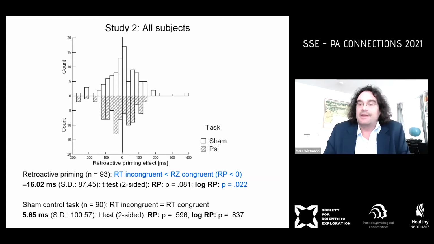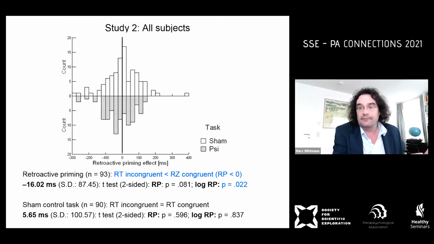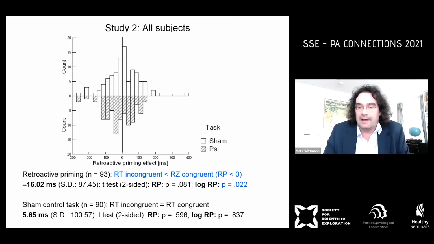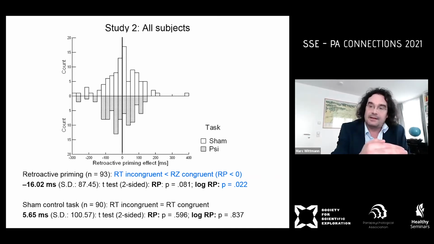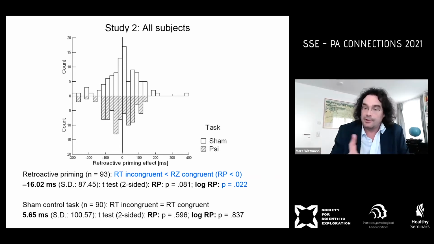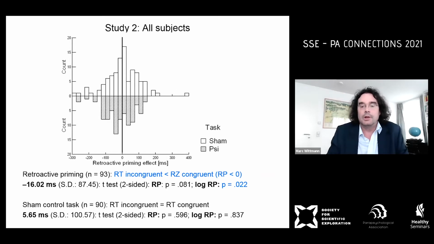And so we have a negative RP value, not the positive as we would have hypothesized, but now a negative one across all subjects, at least significant for the log RP value across all subjects. And in the sham control task, we have no effect. So there we didn't find a false positive, which is a good thing. So we have an effect in the psi task across all subjects, but only in the log RP version, and no effect in the sham control task.